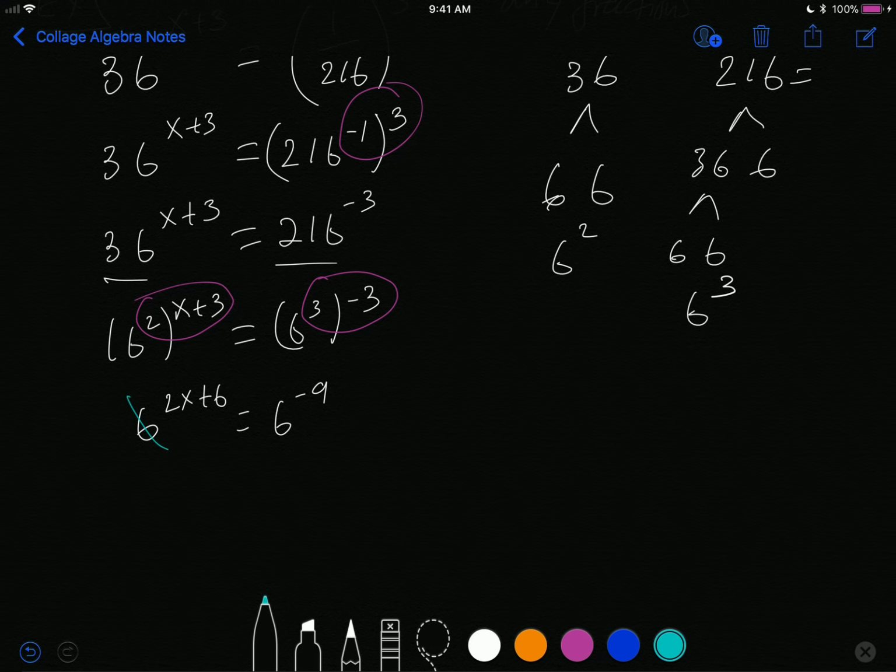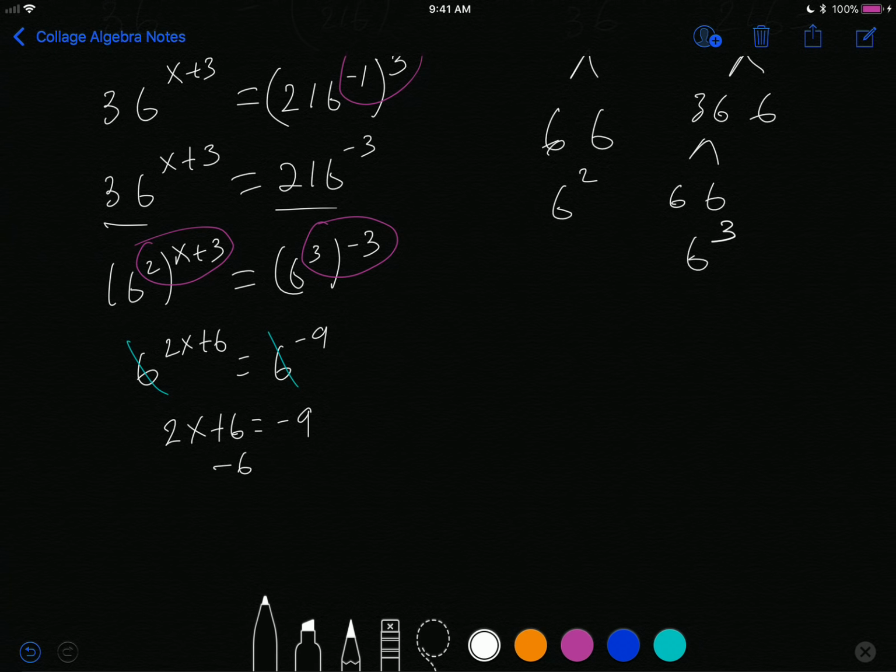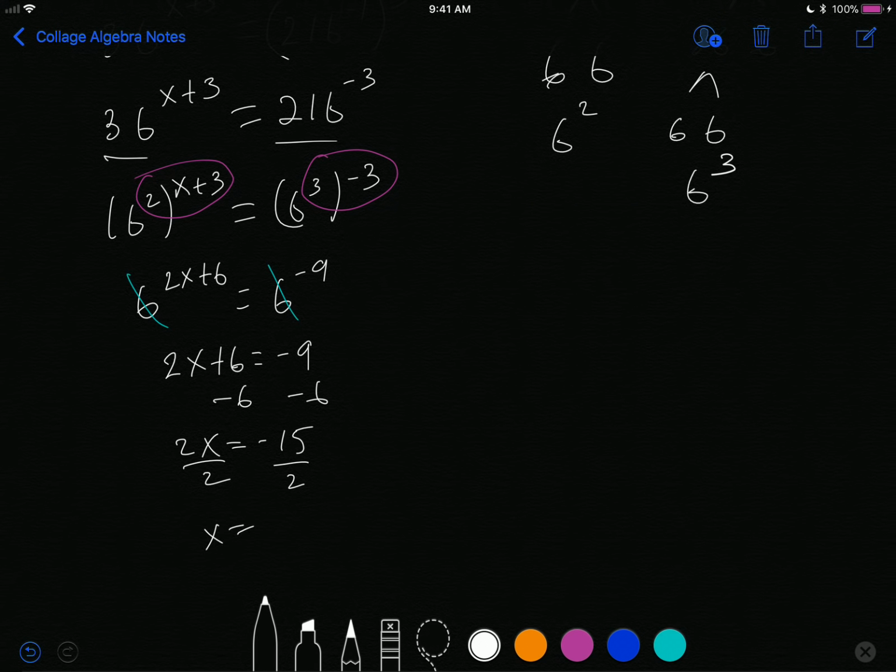So I say bye-bye base. See you later. And then algebra will take me home. Minus 6, 2x equals negative 15. Divide by 2, divide by 2. x is equal to negative 15 halves.